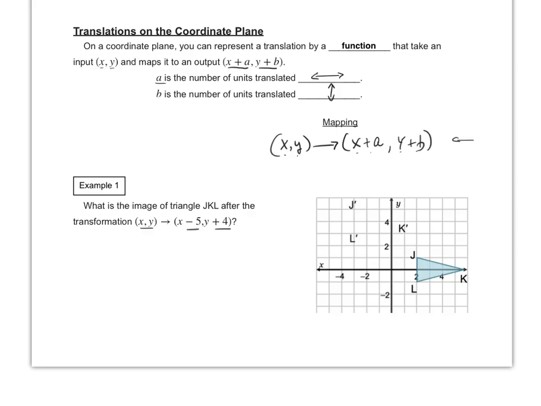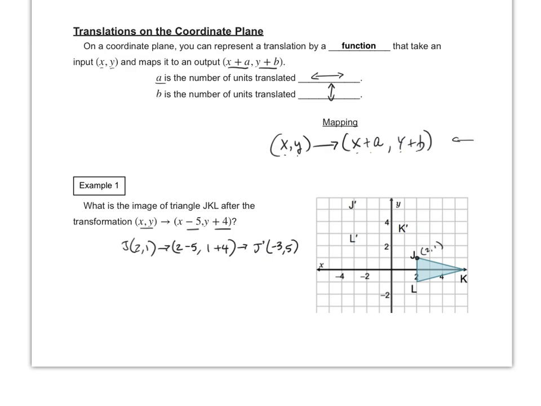Mathematically, how can we do this? If I take J here, J looks like that is (2, 1). So I could say J is (2, 1), and it maps to (2 minus 5, 1 plus 4). And what we have is my J prime should be (-3, 5).